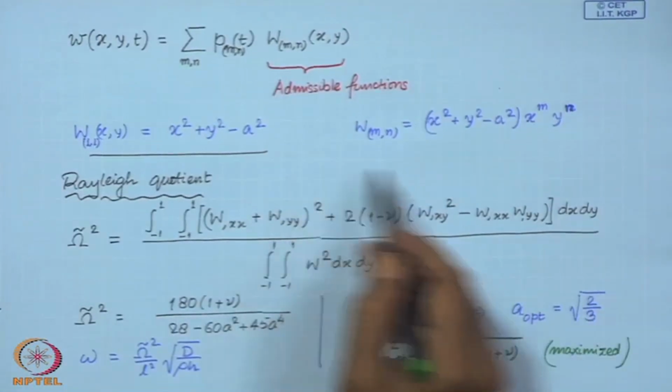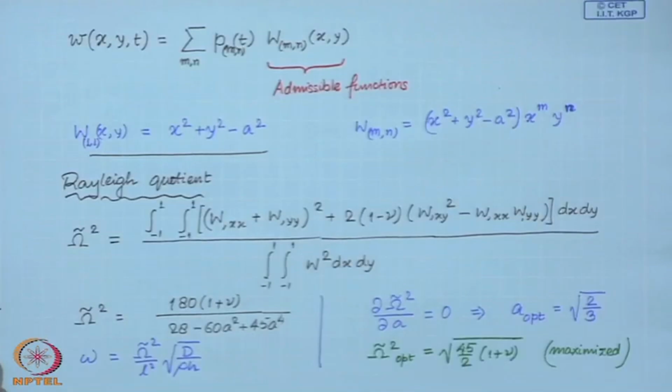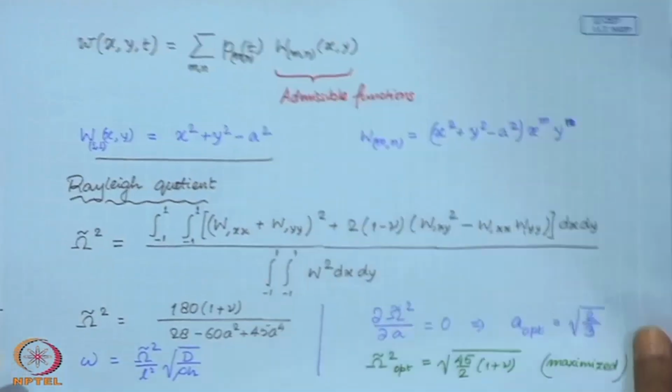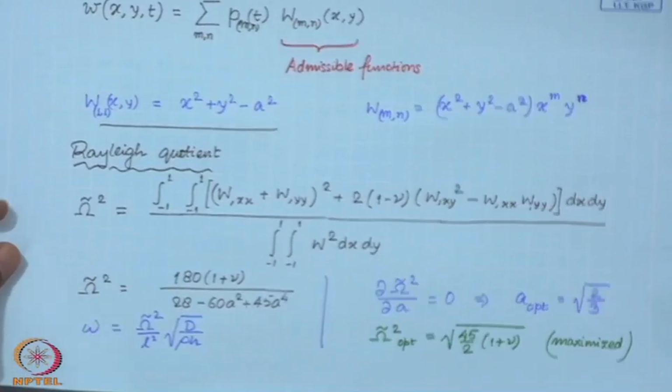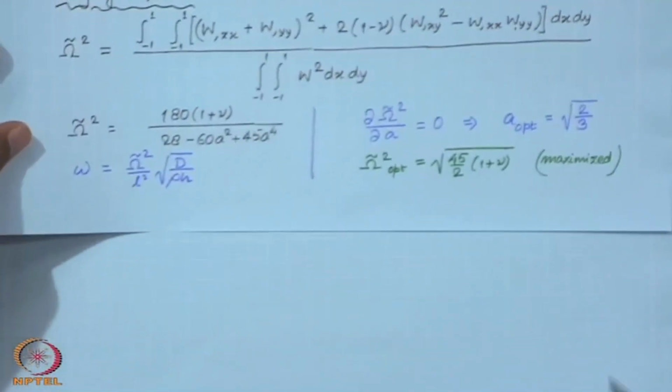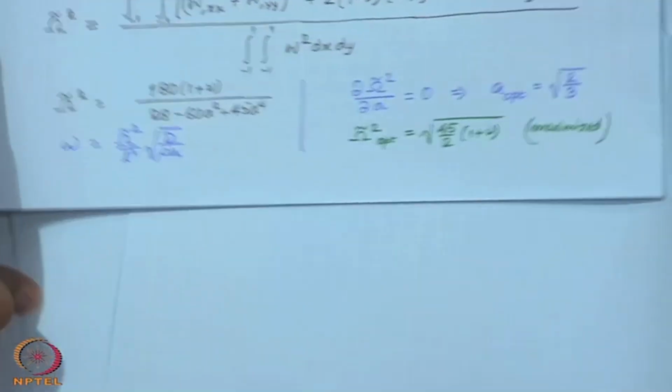Now, let us go back to our Ritz discretization problem, and now we can take this optimal radius and discretize the problem.